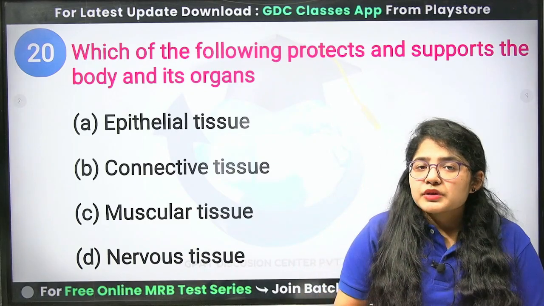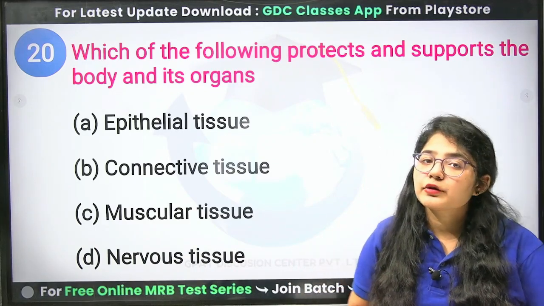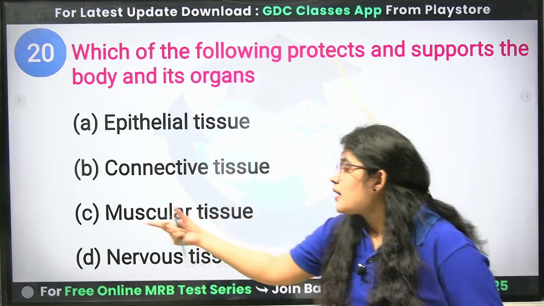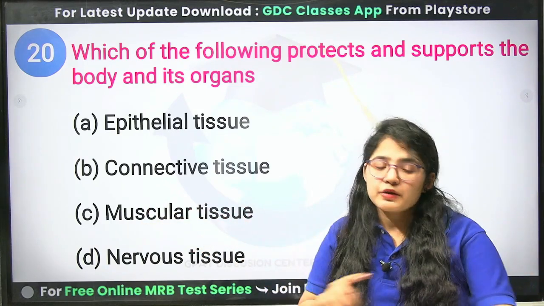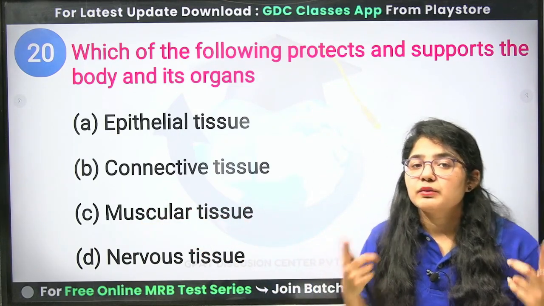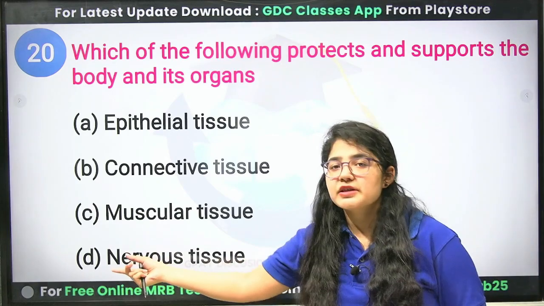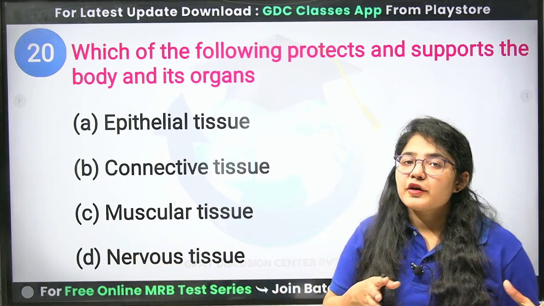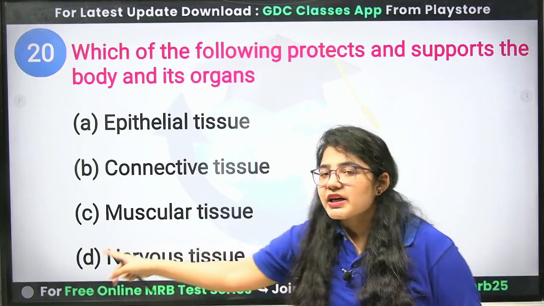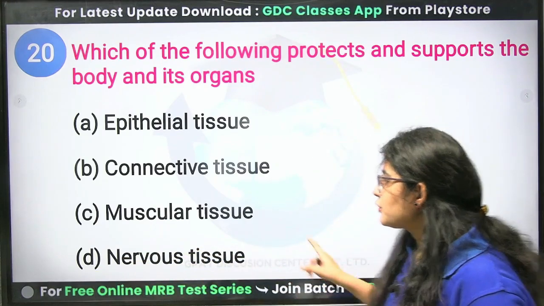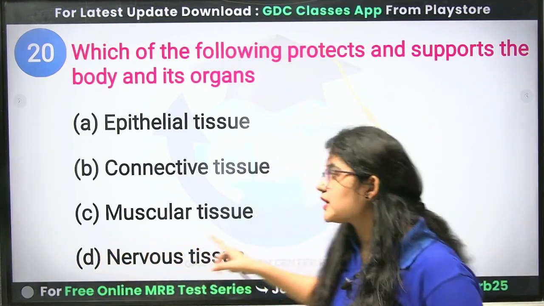So the bones and blood are known as connective tissue. Muscular tissue is responsible for movement of your body. Nervous tissue is responsible for the transmission of signals. Clear? So control and coordination is done by nervous tissue. Movement is done by muscular tissue.